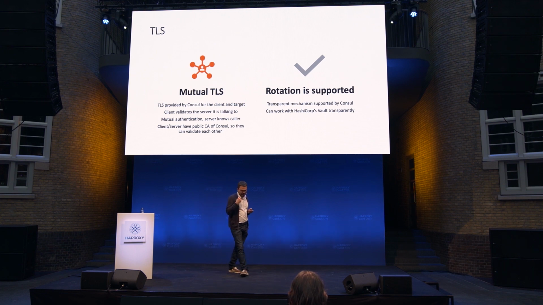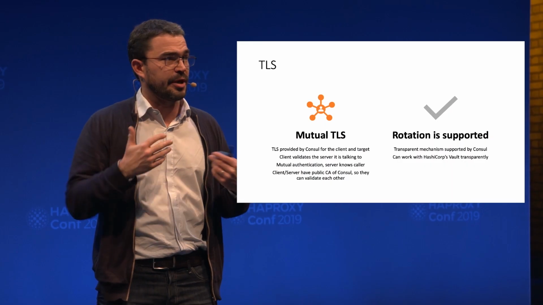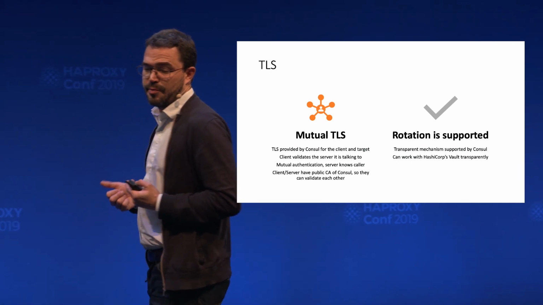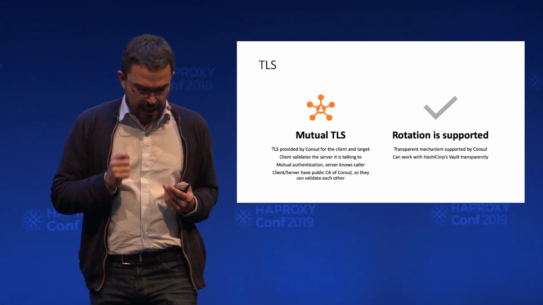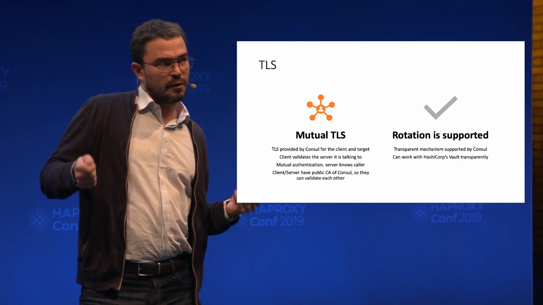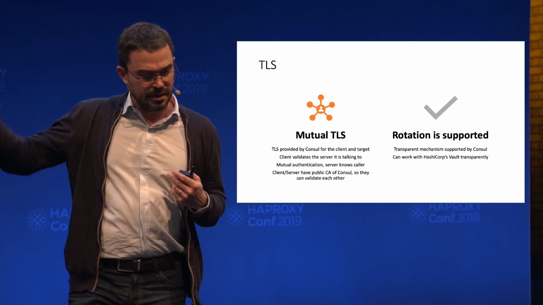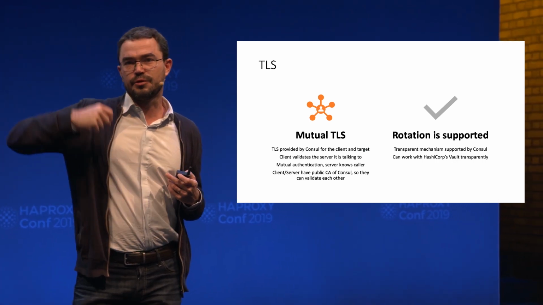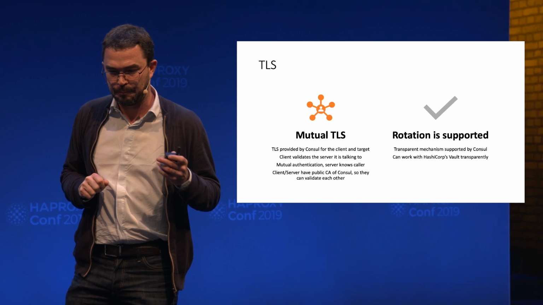Consul also includes the ability to rotate those certificates and does it periodically, meaning that those secrets are not fixed in time, which is very important as well. And for those using HashiCorp Vault, it also supports delegating this secrets handling to HashiCorp Vault as well.